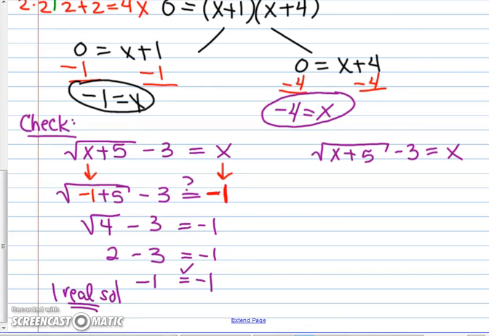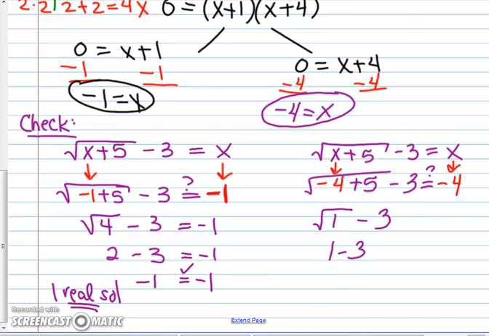Okay. So now you're going to substitute in, instead of a negative 1, you're going to substitute in negative 4. So you have the square root of negative 4 plus 5 minus 3. And the question is, is that equal to negative 4? What is negative 4 plus 5? Positive 1. What's the square root of positive 1? 1. What's 1 minus 3? Negative 2.